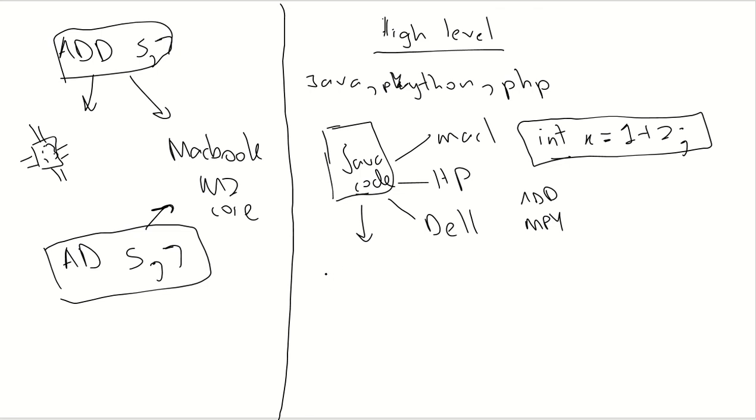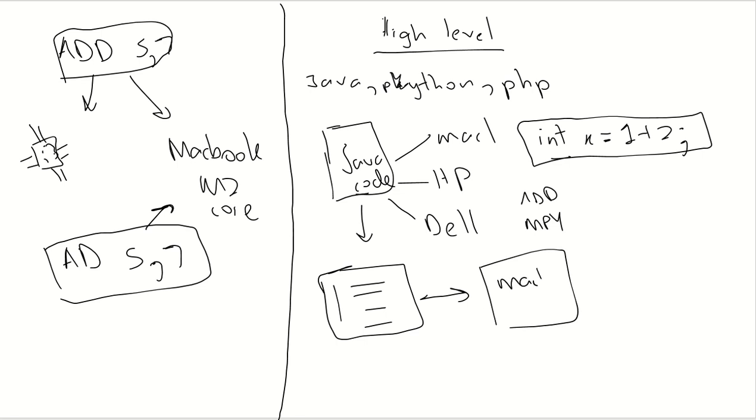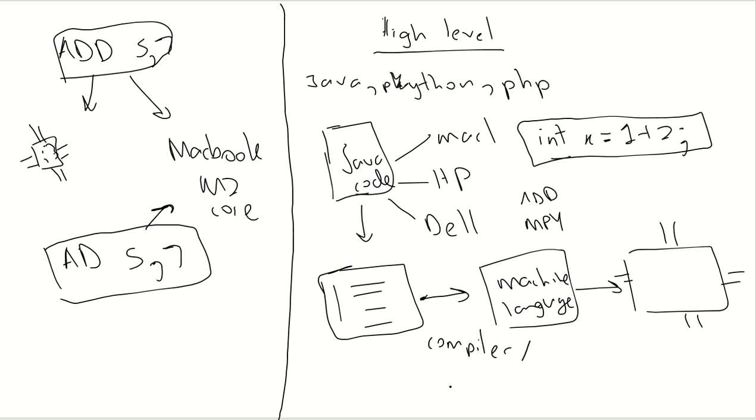So these programs, Java or whatever language is used, have to be converted into machine language too, and fed into the processor. So what do you think will convert these programs into machine language? Well, there are two kinds of software that you can use. First is the compiler, and second is the interpreter.